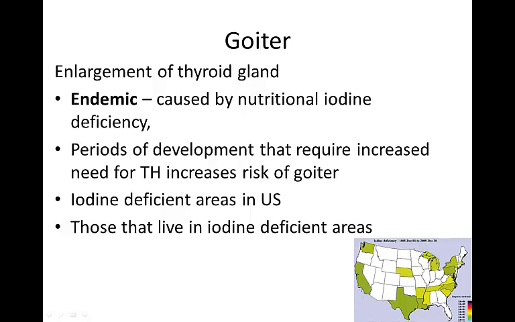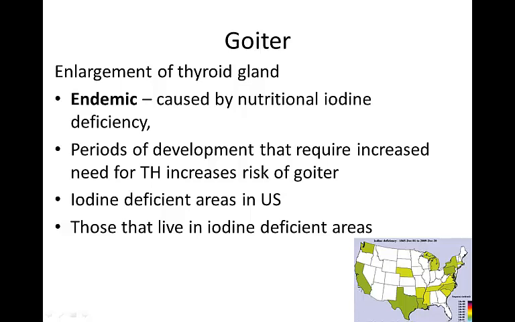In areas where dietary iodine is deficient, goiter can be endemic. Enlargement of the thyroid gland may be mild and noticeable only when there is an increased demand for thyroid hormone, especially during periods of rapid growth. Where iodine deficiency is severe, a large percentage of the population displays goiters.